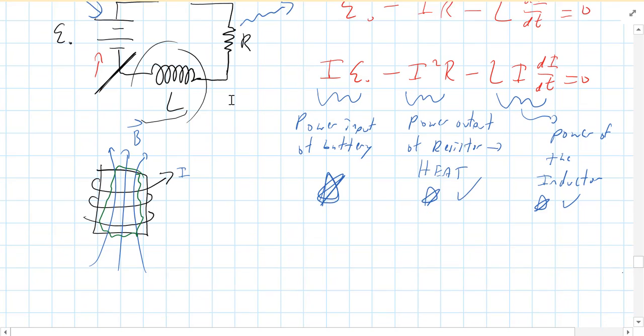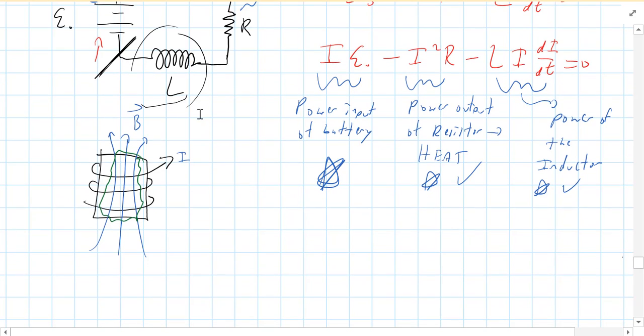All right, now, the other thing I want to know is how much total energy is stored in the inductor at a given moment. Okay, so knowing that energy or work, which is going to be U of the inductor, and technically it's negative work, but then it's positive work, so don't worry about all that. That is equal to the integral of power dt.